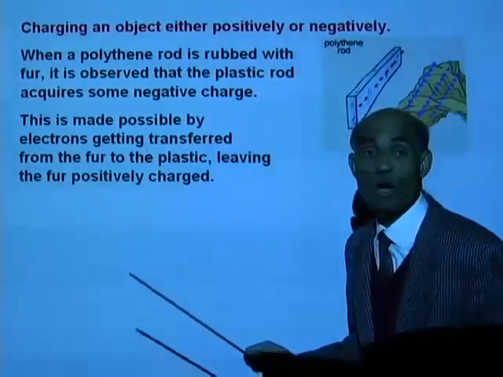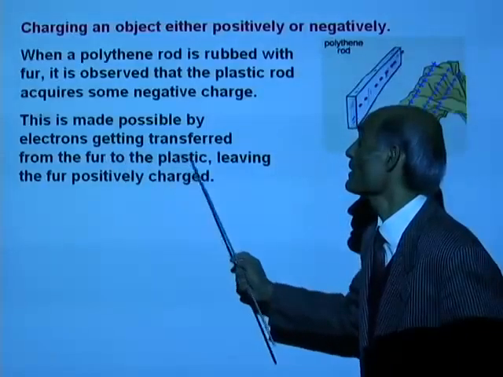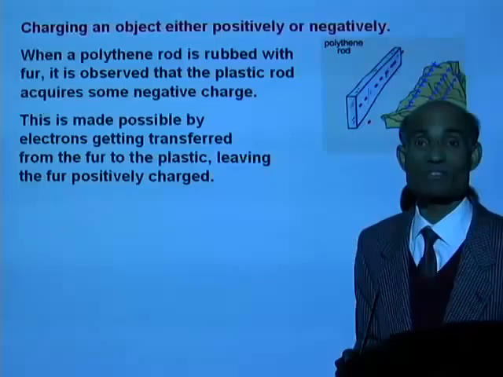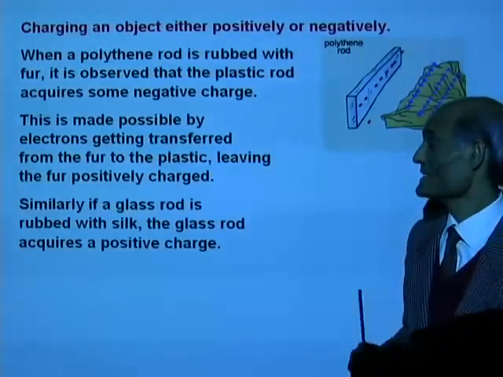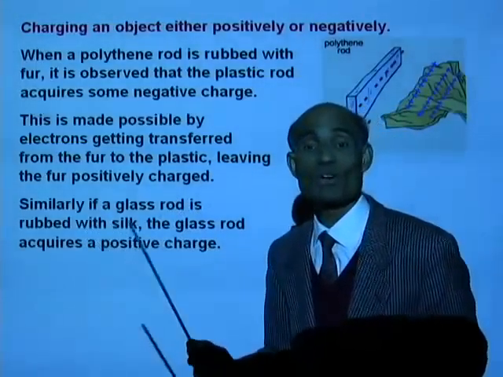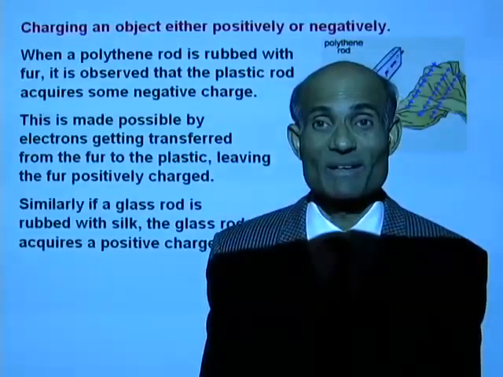Now, this is made possible by electrons getting transferred from fur to plastic, leaving fur positively charged and plastic negatively charged. Now, a similar situation occurs when a glass rod is rubbed with silk.